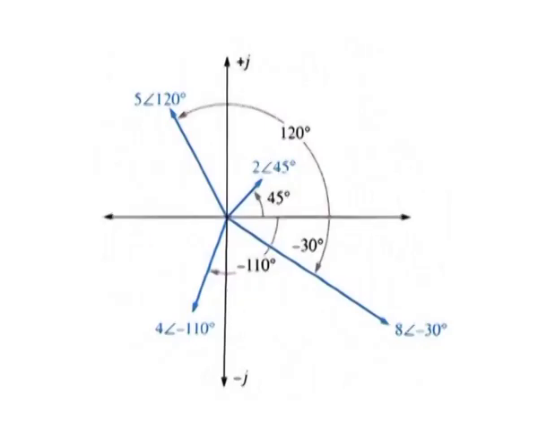Polar form. Phasor quantities can also be expressed in polar form, which consists of the phasor magnitude c and the angular position relative to the positive real axis, theta, expressed in the following general form: c angle plus or minus theta.